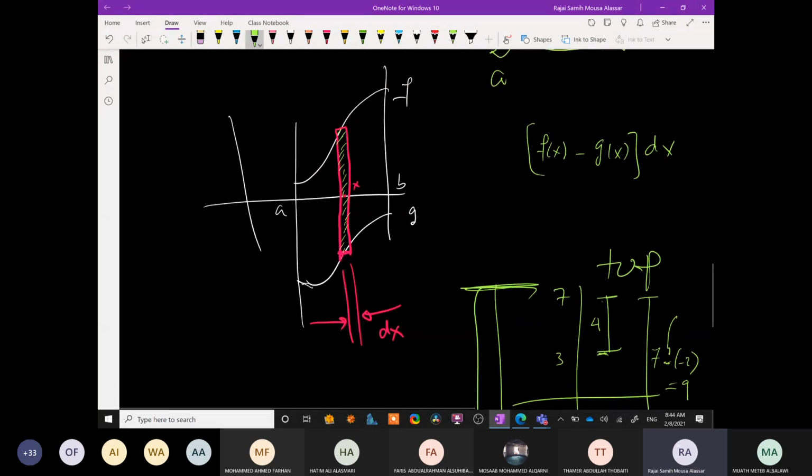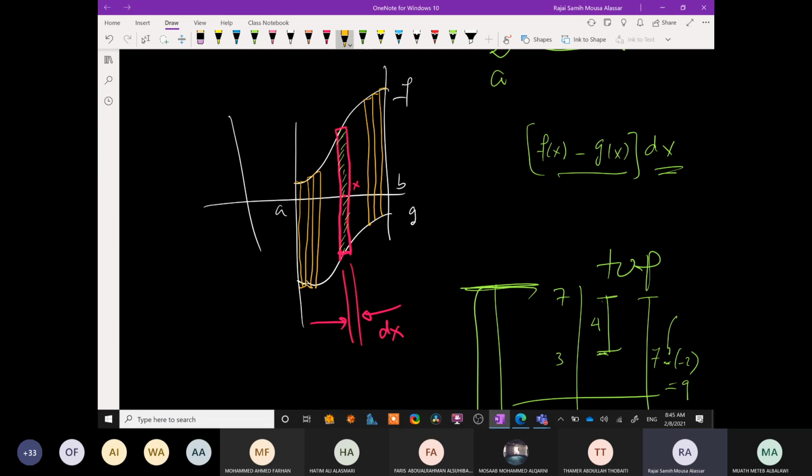And this is exactly what we did because f is on top. So it's f minus g, basically. That's the height. And we multiply this. This is the width. Now I want to take these rectangles. Look at these rectangles. So I have a rectangle here. I have another rectangle here. I have a third rectangle here, fourth rectangle here, etc., until I reach the end, yes?